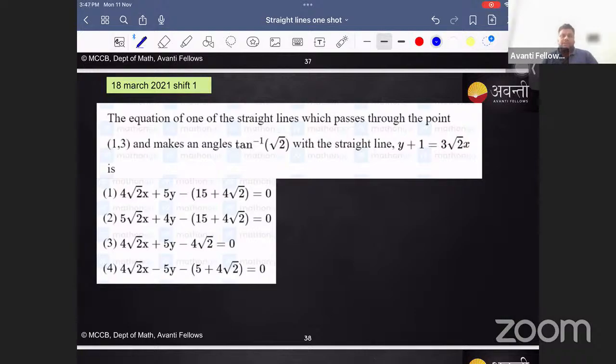Just attempt quickly. The equation of one of the straight lines which passes through the point (1, 3) and makes an angle tan inverse root 2 with the straight line y plus 1 is 3 root 2 times x is.